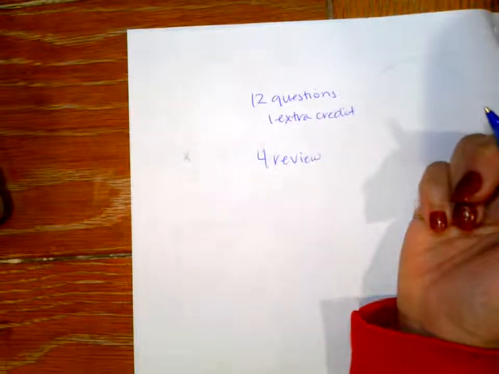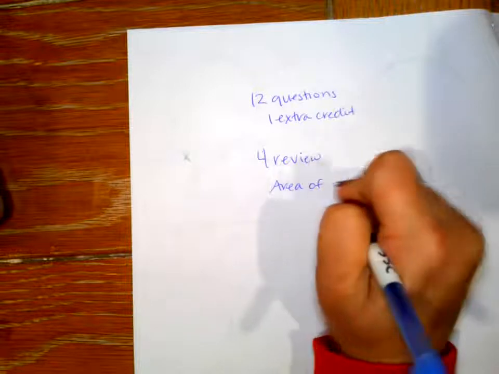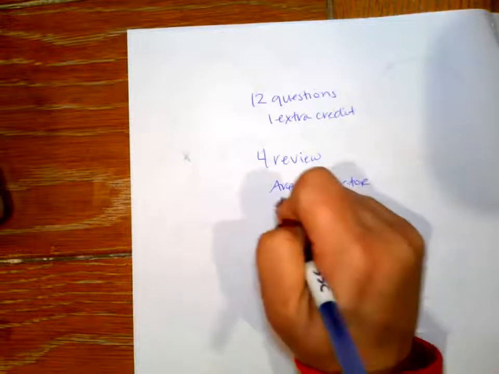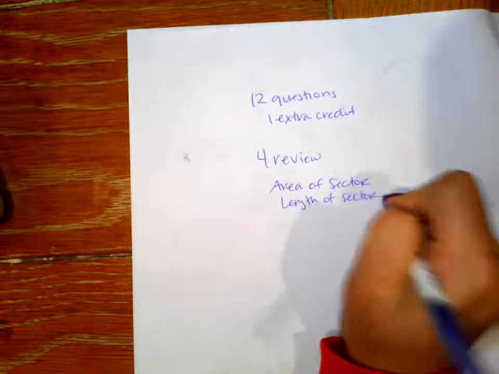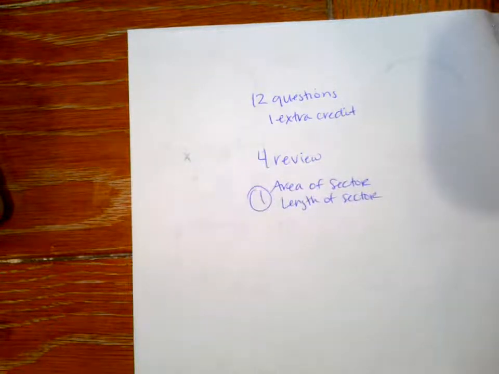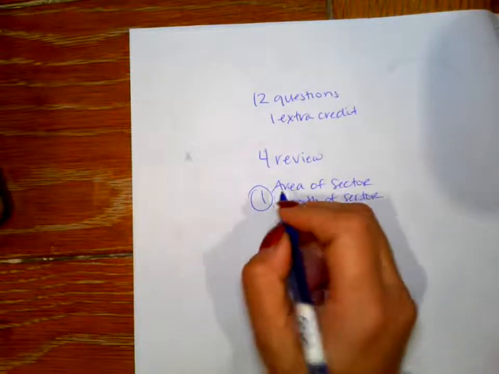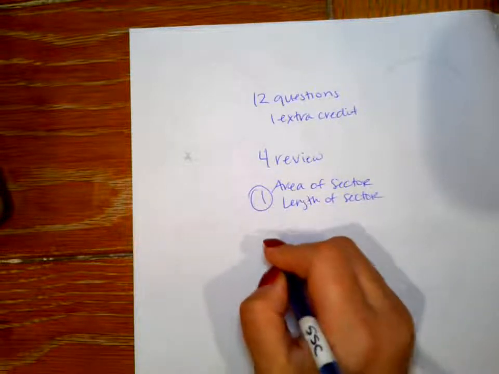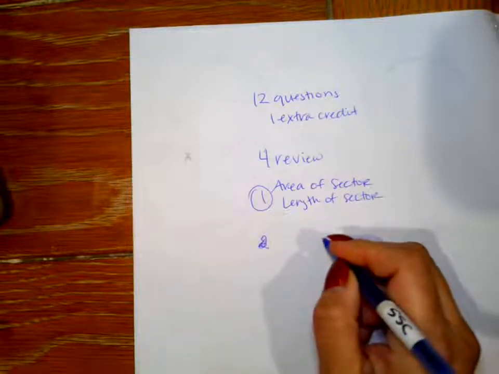You have an area of the sector problem and the length of a sector. So you have one problem with that, 2 parts. You will have inscribed angles.